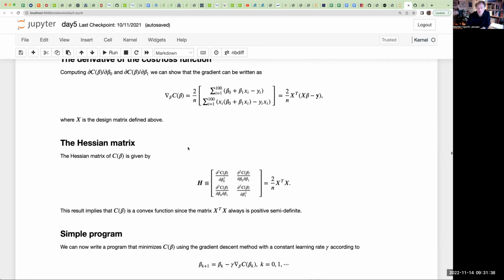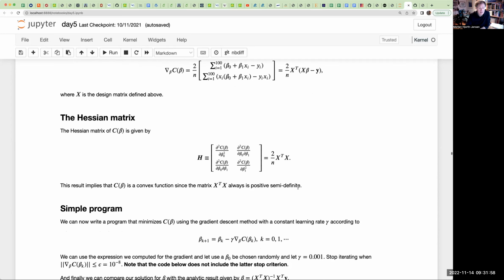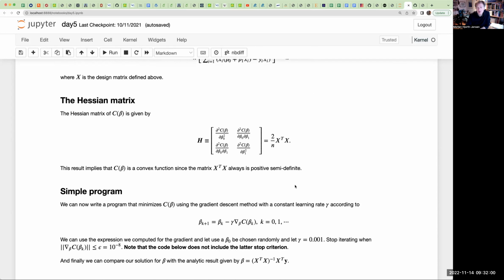So the Hessian matrix, in this specific case, is actually something which we can also evaluate easily. And this is going to be simply, since there is no dependence on beta in y here, when we take the derivative, this term disappears, and we're simply left with the transpose design matrix times the design matrix. And when we did the singular value decomposition, if this matrix is well defined, this will always lead to a convex problem.